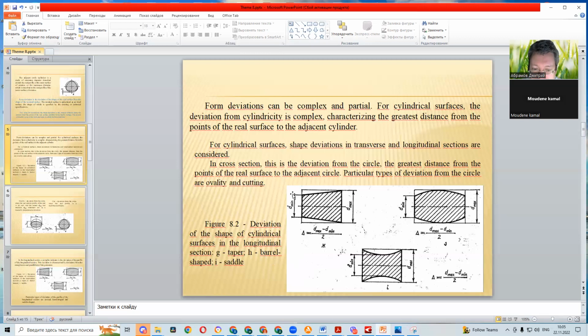A is taper, H barrel-shaped, and I saddle. Deviation is calculated by this formula: D maximum minus D minimum divided by 2.